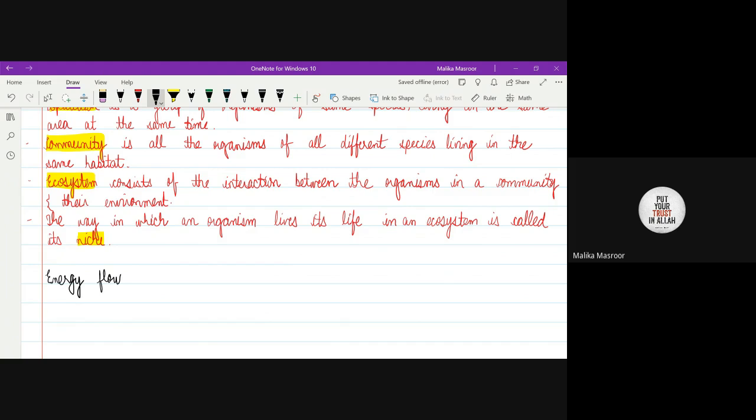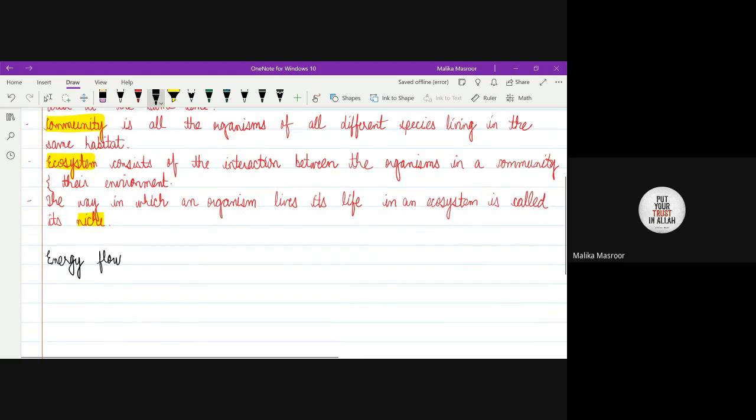We talked about this earlier as well many times. Now, some of the energy in sunlight is captured by plants and it is used to make organic molecules like glucose, starch, other organic substances like fats and proteins. So these contain some of the energy from sunlight as well. So when a plant cell requires energy, it breaks down some of this food by respiration.